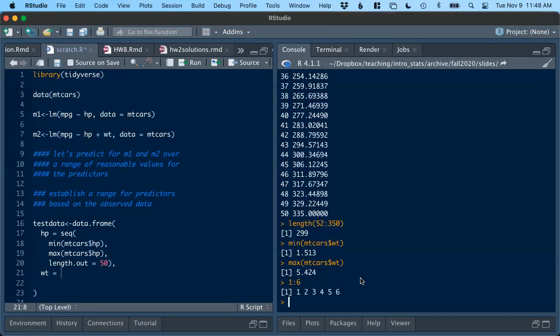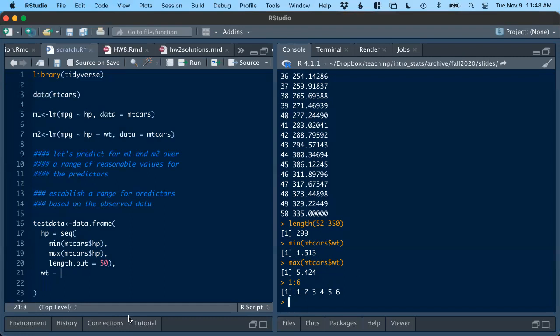That's not 50. I cannot put those two things in the same data frame. I can't have a data frame that has 350 horsepower values and only 6 weight values. I have to have an equal number of rows. So that length.out argument in sequence is going to force the data frame to stay a rectangle.